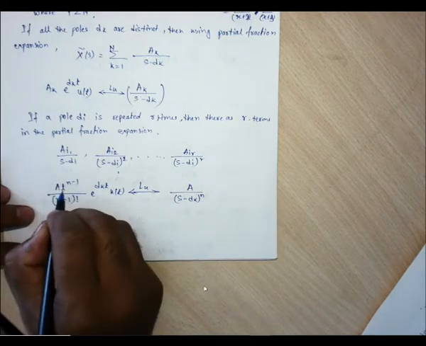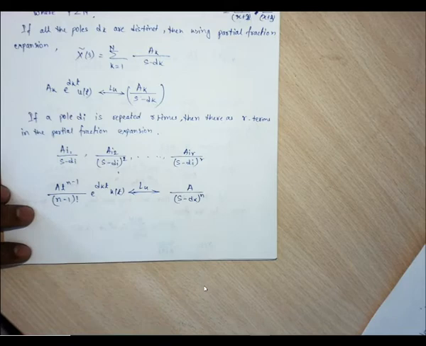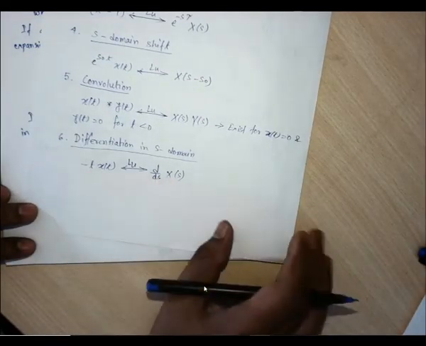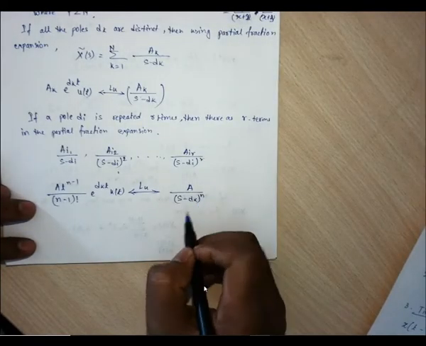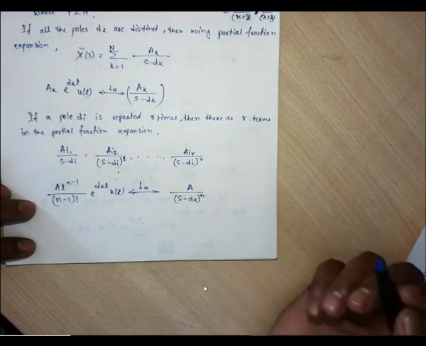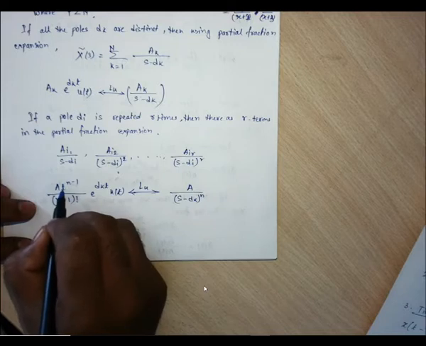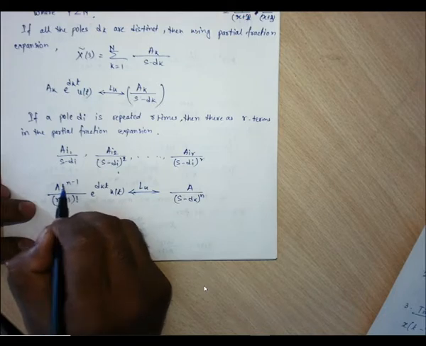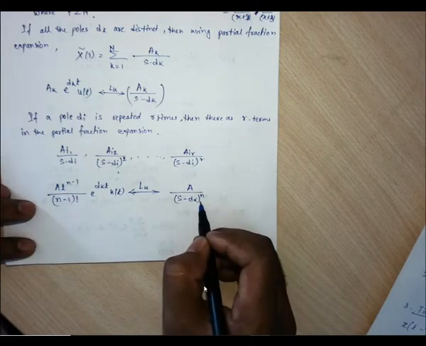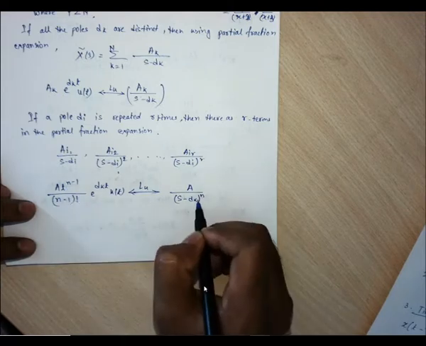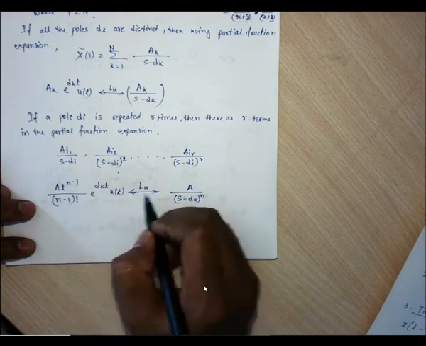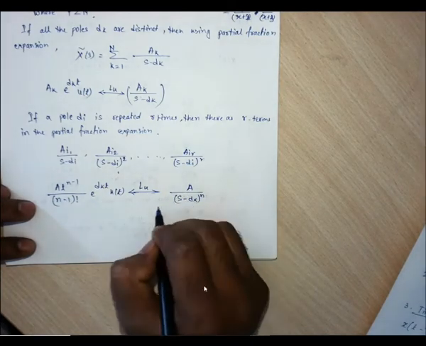Some t has been multiplied in the time domain signal. When t is multiplied in the time domain signal, we are supposed to take the differentiation. So if we take the differentiation, then square, cube, fourth order, fifth order come in the s domain. It depends upon the value of n. If t square is there, then cube will come in the s domain. If it is t cube, then order 4 will come in the s domain, and this exponential term in the time domain introduces the s domain shifting.